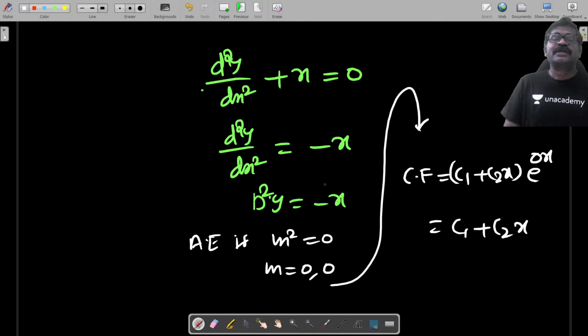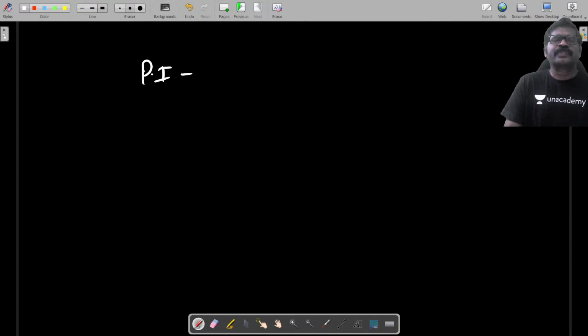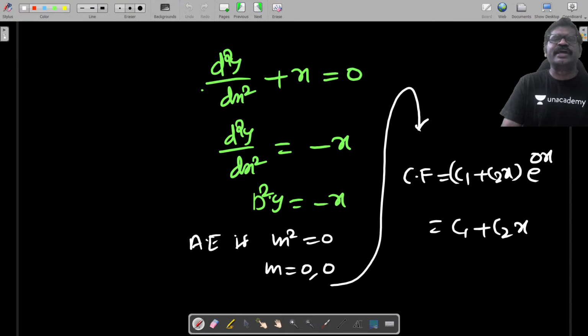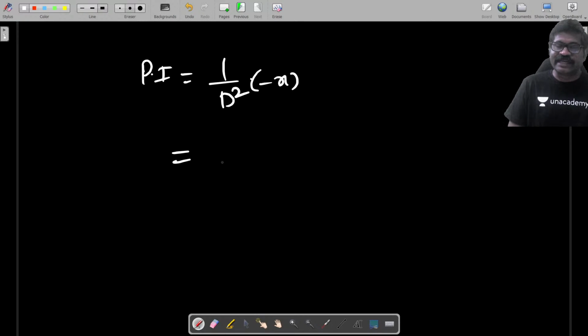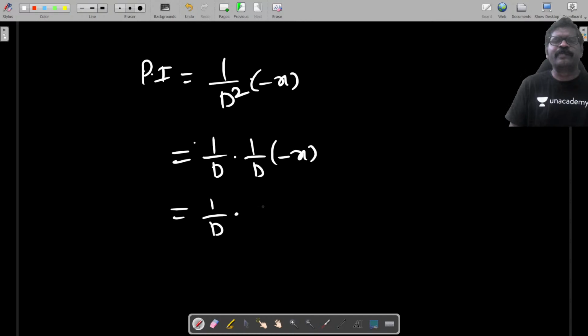Now the particular integral is 1 by D square of minus x. 1 by D means integration. 1 by D square means we have to integrate 2 times. So 1 by D of minus x is integral of minus x dx.